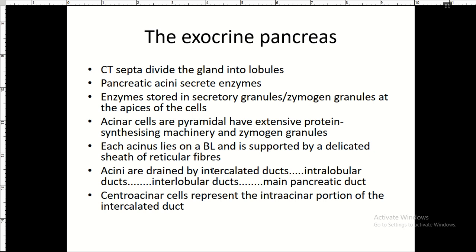Right? So the stroma of the pancreas, you're going to have delicate reticular fibers, that is collagen type 3, supporting the parenchyma of the pancreas, right?